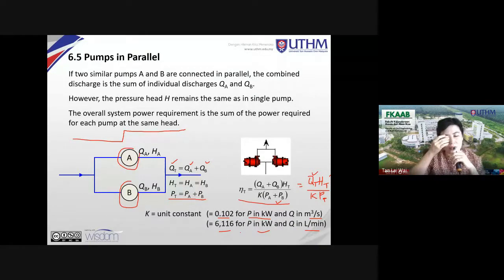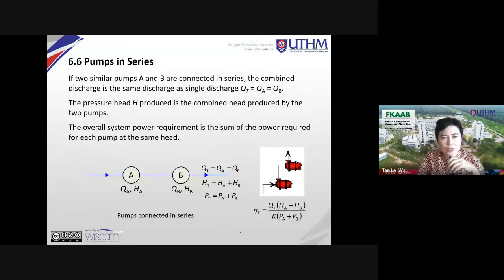Now, this is pump in series. Q, the discharge, will be the same throughout the system. Q total equals QA equals QB. Meanwhile, the head will be increased twice as much, which is the addition of HA plus HB.